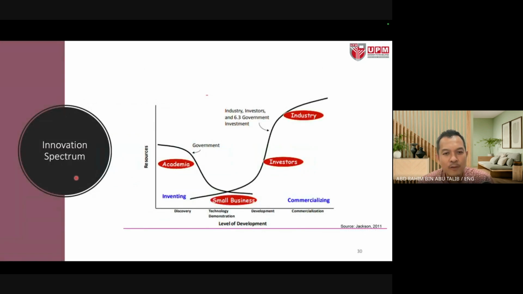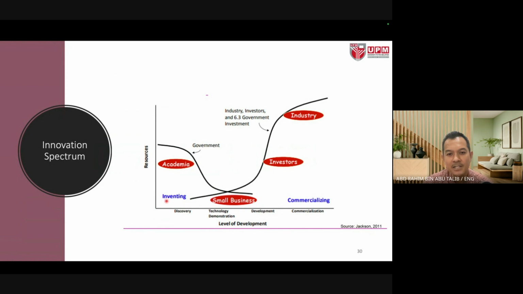With regard to the innovation spectrum, if we look at the bigger picture, this is from Jackson 2011, where you have a plot with the y-axis being the resources, level of development, as I highlighted, the TRL, technology readiness level 1 until 9.